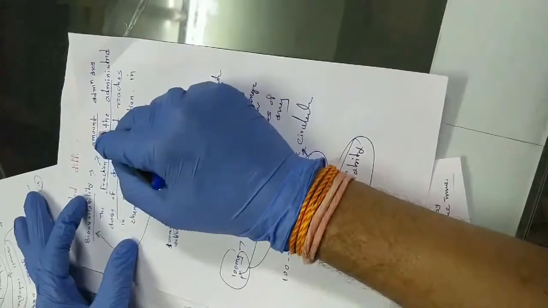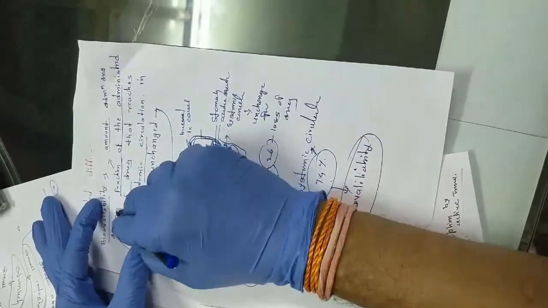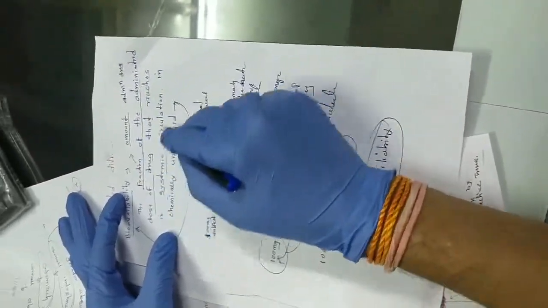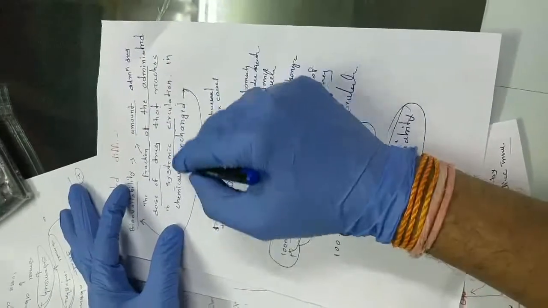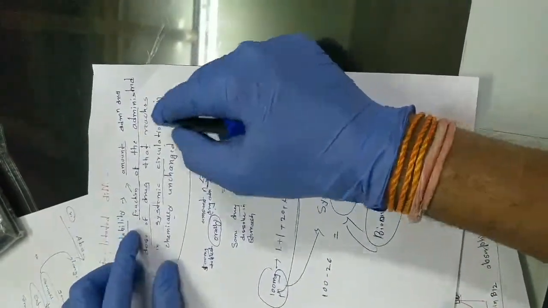That is the bioavailability. The fraction of drug administered that reaches the systemic circulation in chemically unchanged form is called the bioavailability.